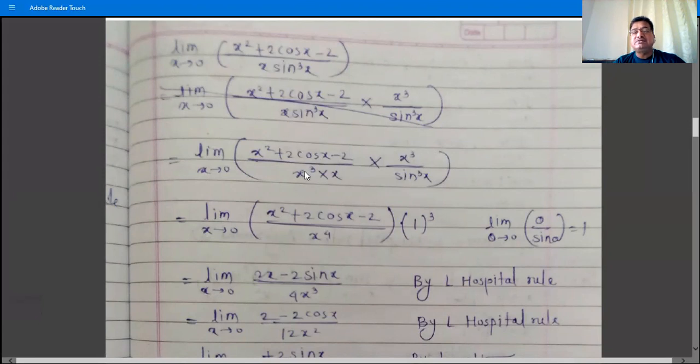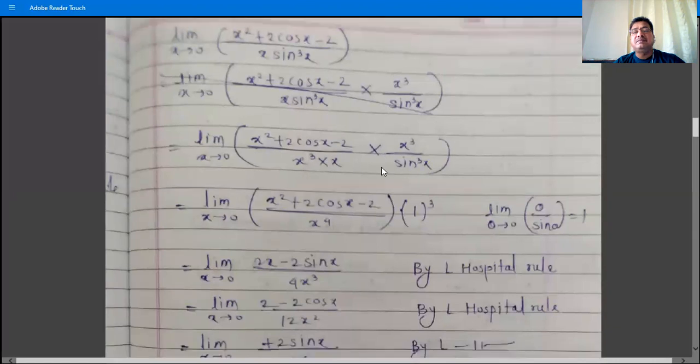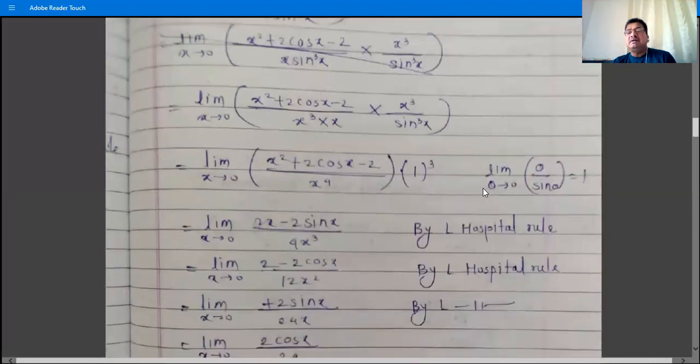So x into x cube, x is already there, so write x cube multiplied by x cube divided by x cube, and this divided by sin cube. And we know that limit theta tends to 0 theta by sin theta is 1.